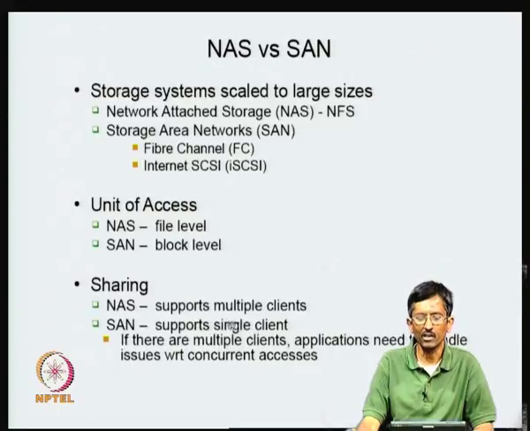If you really want to make it handle multiple clients, then there has to be something elsewhere, either at the application level or somewhere else, that has to handle concurrent accesses. It has a simple idea that it is block level and therefore there is no other party in between. The machine directly talks to the storage. So, these are two differences. We will look at network attached storage later.